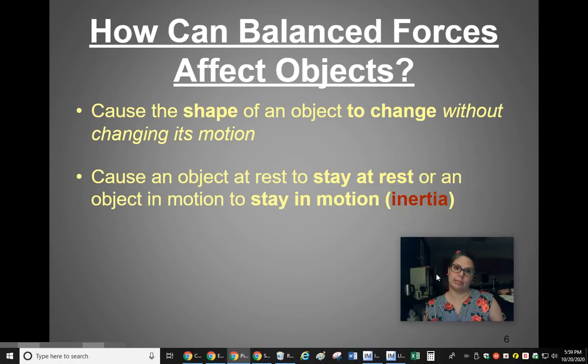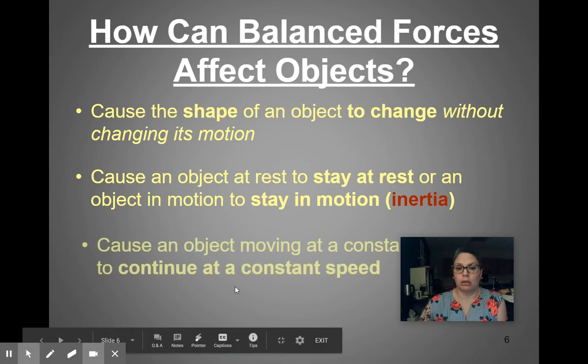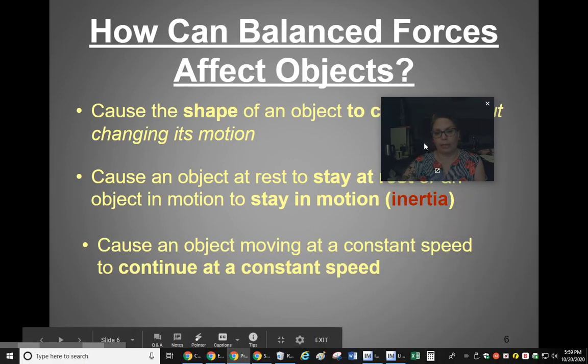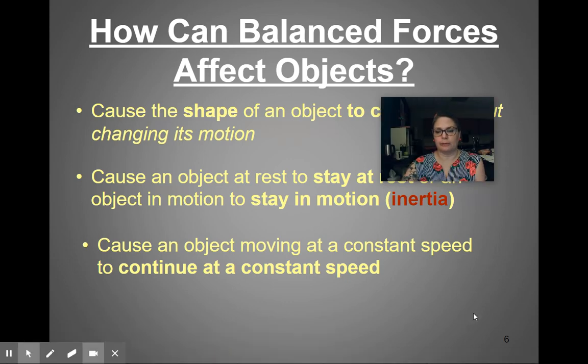How can balanced forces affect objects? It can cause an object at rest to stay at rest. So if it's still, it's going to stay still. Or an object to stay in motion if it's already in a constant motion, showing inertia. It can cause an object moving at a constant speed to stay at a constant speed.